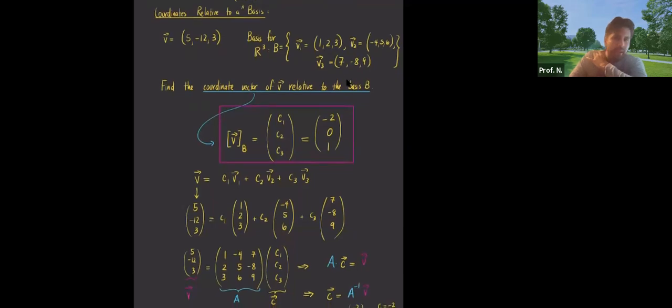So that's when we deal with vectors, right? But we can also apply this idea to polynomials. So what if I have a polynomial 2 minus x plus x squared?